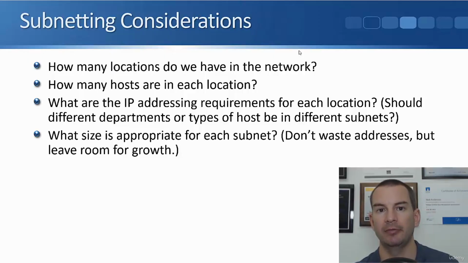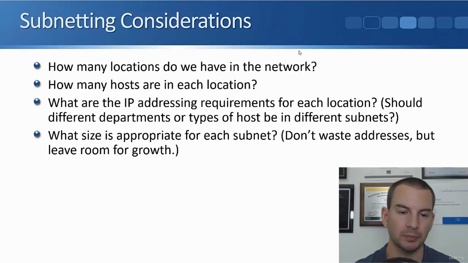For example, you might have one office, but within that office, maybe you've got a sales department, a research and development department, and an accounting department, and you want the accounting department to be secured from the other departments. Well, in that case, you would definitely put it in its own separate subnet. Because with different subnets, we have to route between them at a router, it's easy to secure them at the layer 3 level based on their IP address.